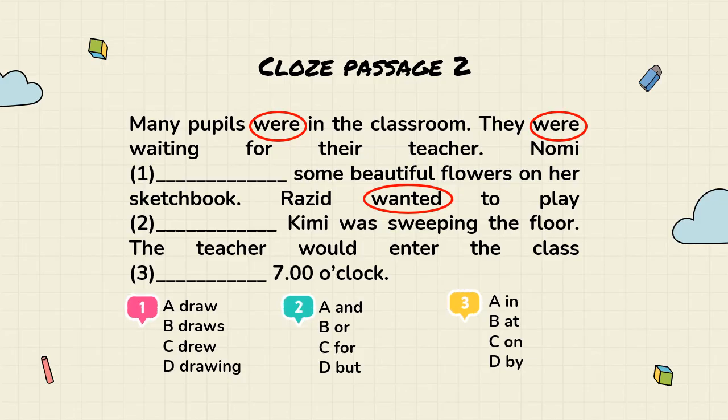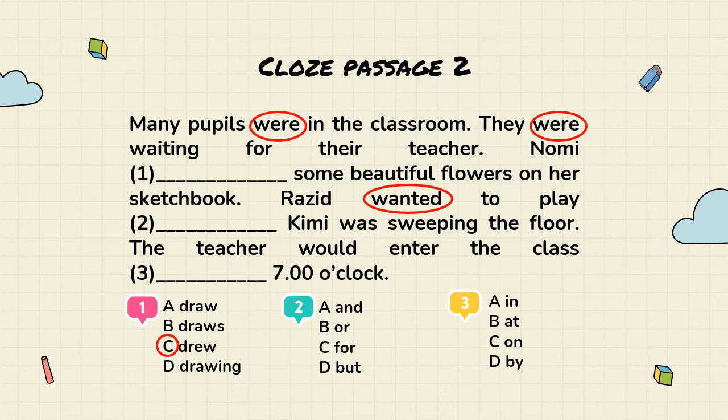Let's look at question 1. Nomi blank some beautiful flowers on her sketchbook. So what is the past tense for draw? The answer is drew. Very good. Next, Razit wanted to play blank Kimi was sweeping the floor. Can you see the contrast here? Yes, so you have to use a conjunction.